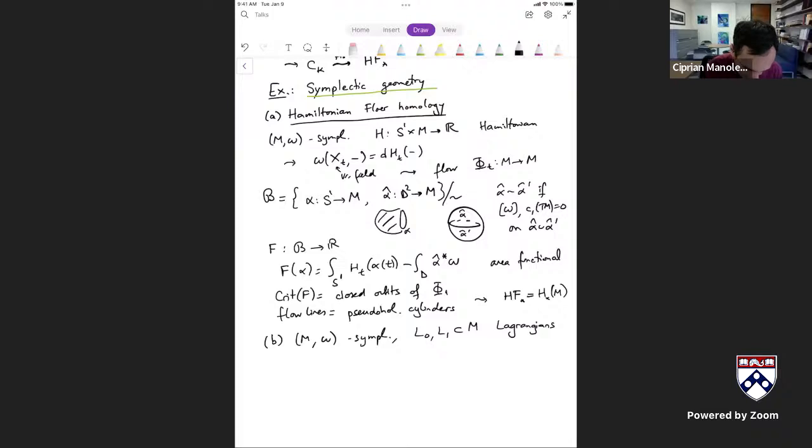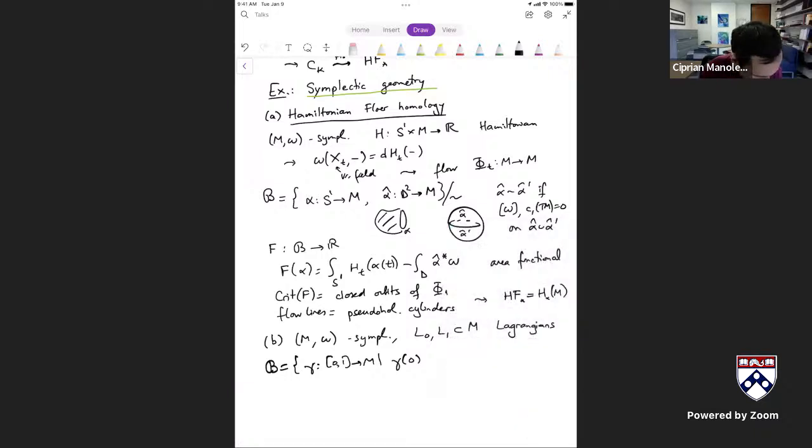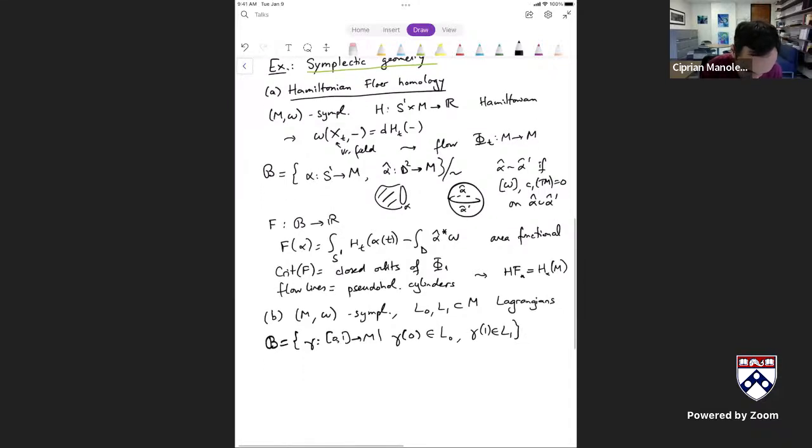Then again, you can look at paths, this time gamma from [0,1] to M, with gamma of 0 in L0 and gamma of 1 in L1. So instead of being loops, you now talk about paths between the two Lagrangians. In good situations, again, you can define an area functional. And from here, you get some homology depending on L0 and L1, which is called Lagrangian Floer homology.